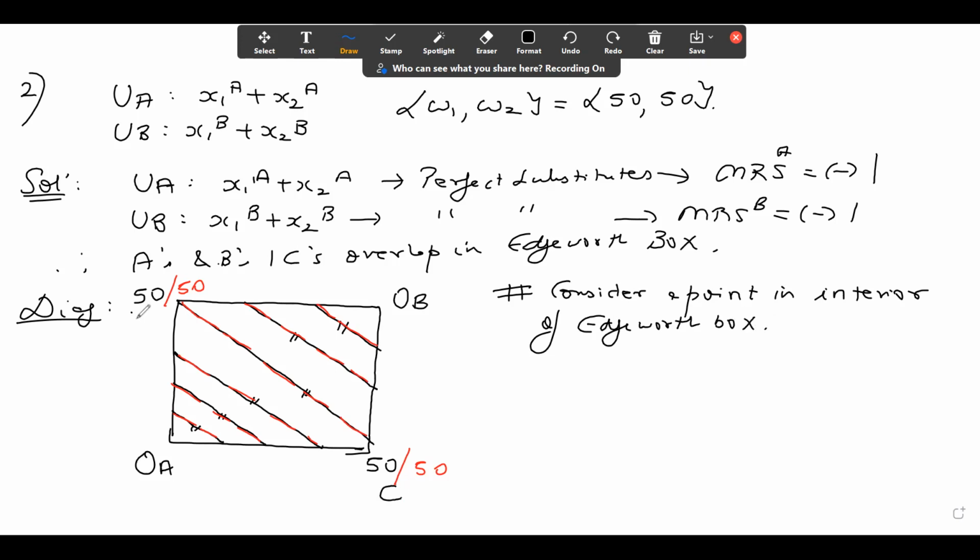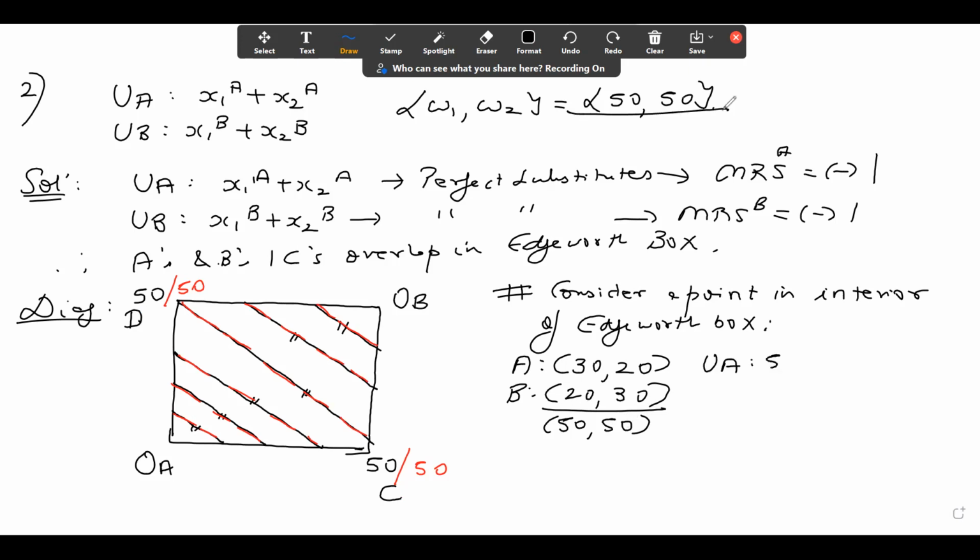Let me call this C. Suppose A has 30, 20. Then how much will B have? 20, 30, because they should sum up to 50, 50. That is my endowment. What is the utility A gets? 30 plus 20. What is the utility B gets? 20 plus 30. Try to make one of them better off. Suppose I try to make B better off.